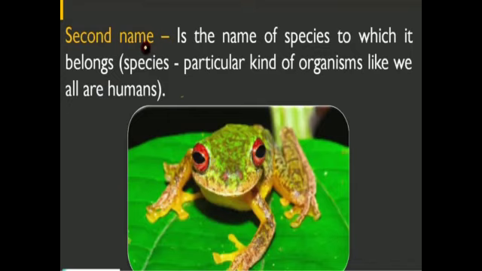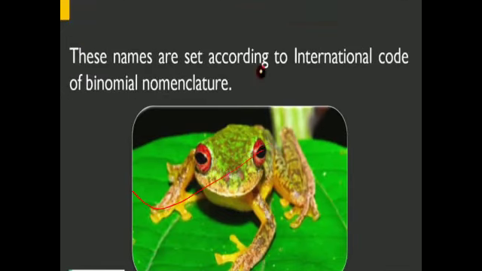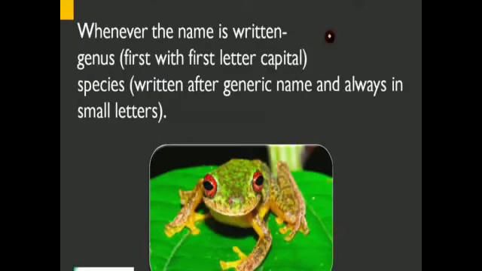Then the species: if we want to name this particular frog, we term it tigrina. So Rana tigrina: genus is Rana, species is tigrina. This way we classify it.